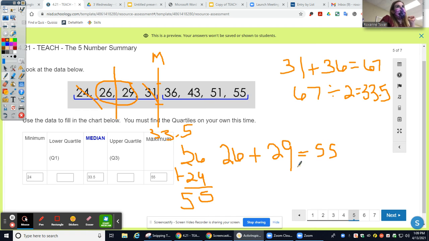And then 55 divided by 2 is 27.5, right? So we know here quartile 1 is going to be 27.5.